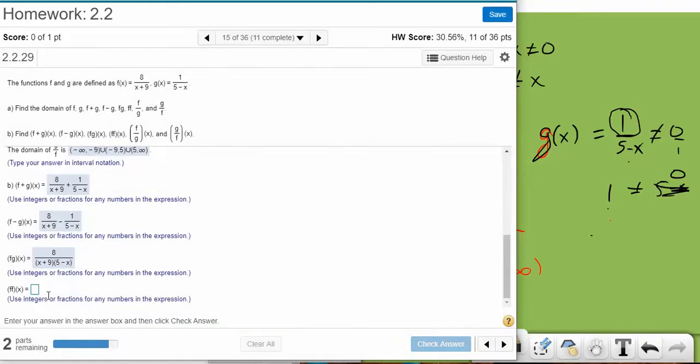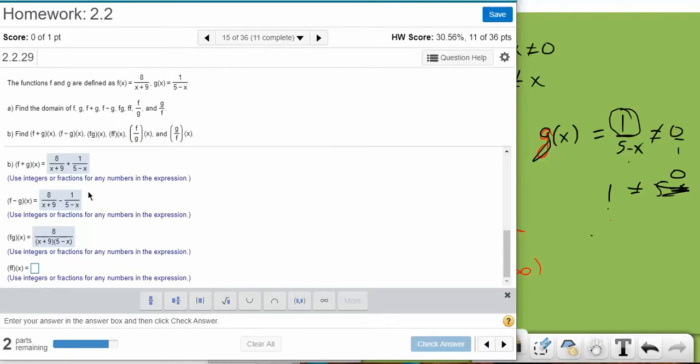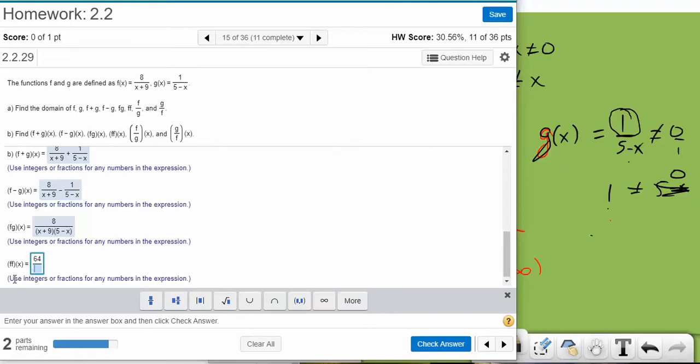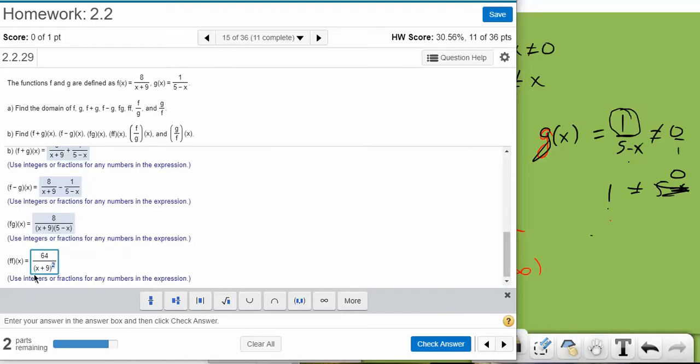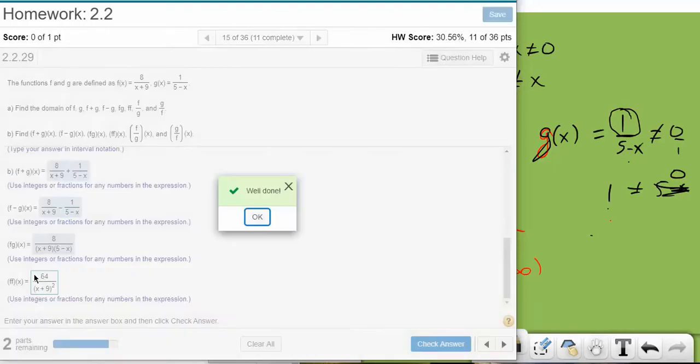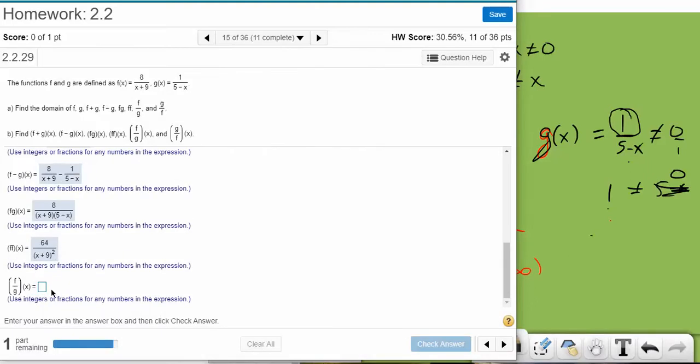And then f times f, so we're basically going to take this times itself. So it'll be 8 times 8 is 64, and then x plus 9 squared. Let's see if we can just leave it as x plus 9 squared. They might let us get away with that. If not, we just FOIL it. No big deal.